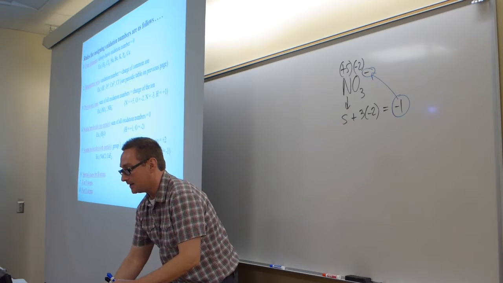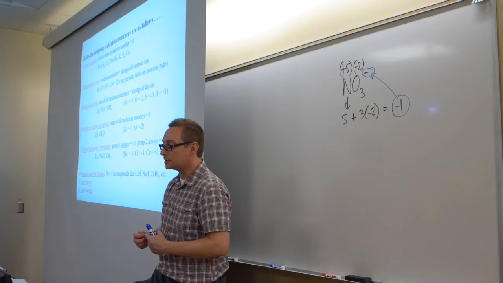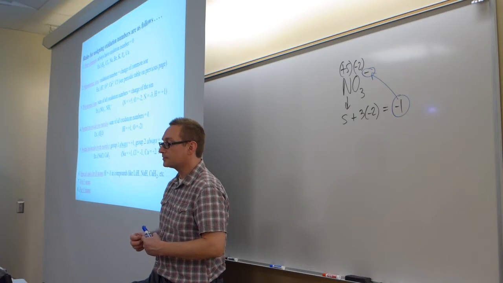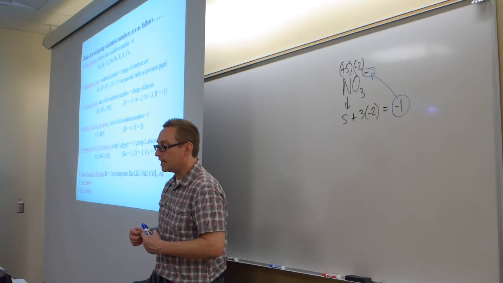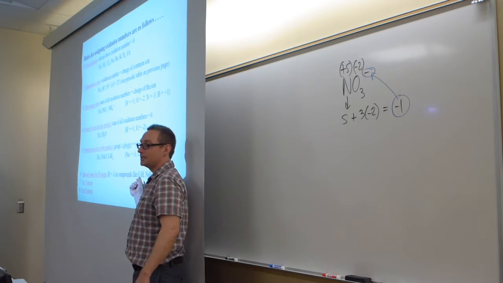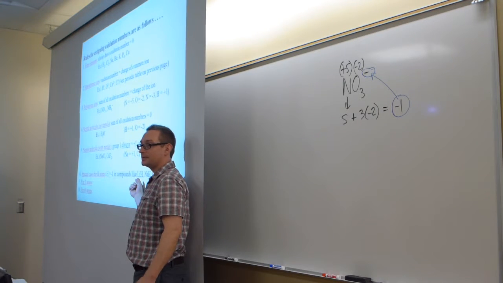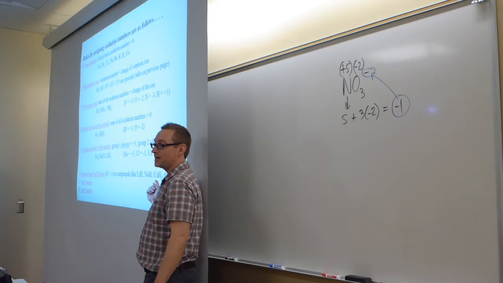Special cases for hydrogen. There is one special case where sometimes you have a -1 oxidation number for hydrogen, and those are in the hydride salts. So what do you call this compound? LiH, lithium hydride. What do you call this? Sodium hydride. Calcium hydride.